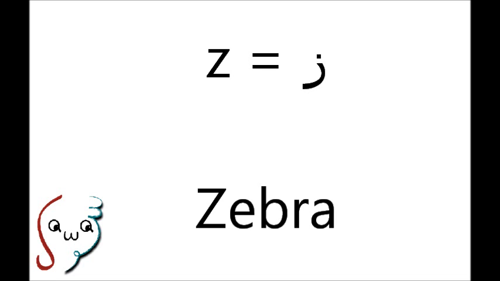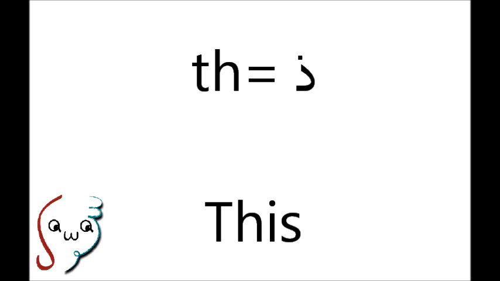So it's really a Z. Then we have Dhal, and Dhal is a TH in English, for example like in the word this. The word this is pretty much a Dhal.